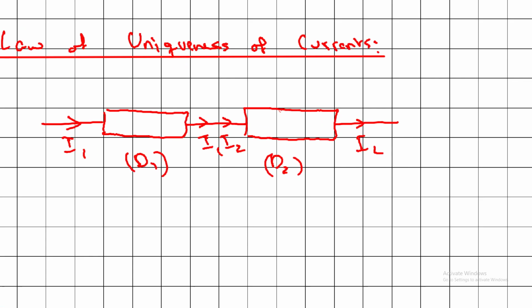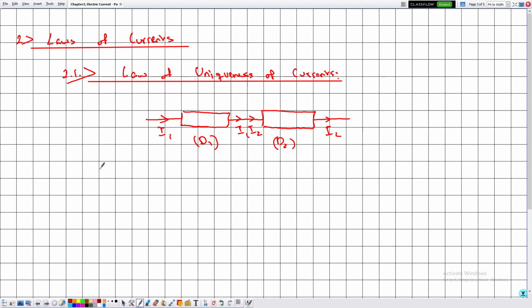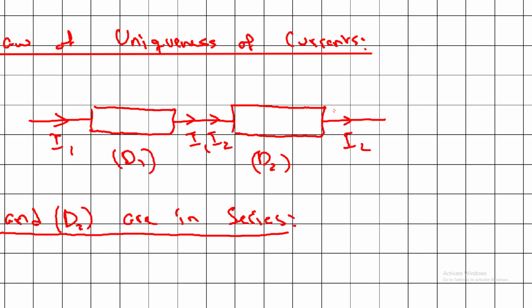Because these two components are in series, they have this terminal only in common. So the current I1 traversing this terminal of D1 is connected to this terminal of D2 and there is no leakage of current. The current I1 is completely transferred to D2. Therefore, the value of I1 is equal to the value of I2.